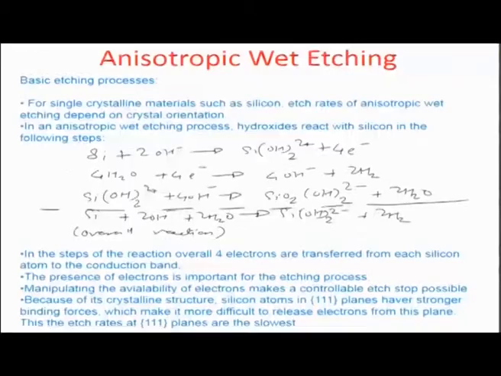Today I am going to visit another very important process for MEMS, which is known as the anisotropic wet etching process. Related to etching, what we deciphered in the last lecture is that etching can be carried out through liquid medium as well as gases.